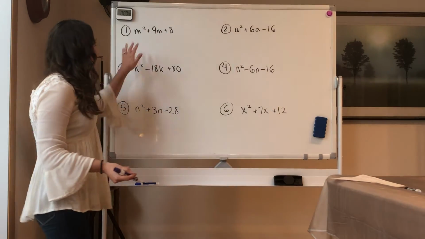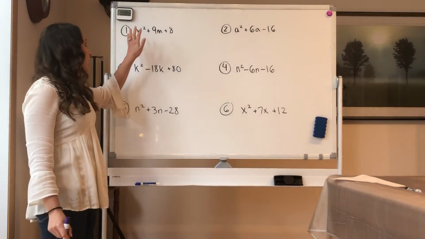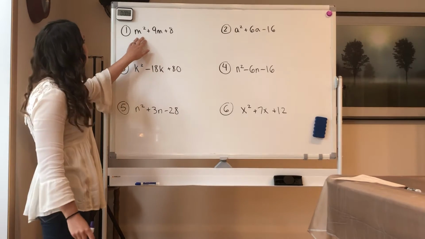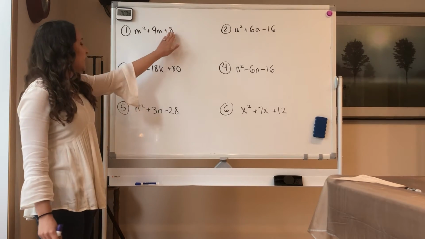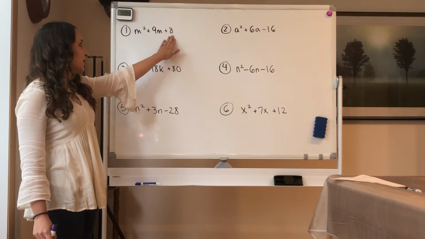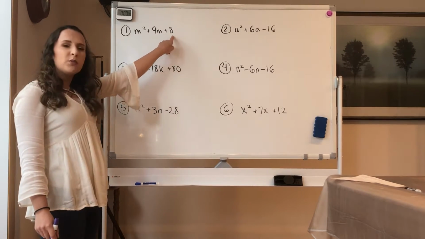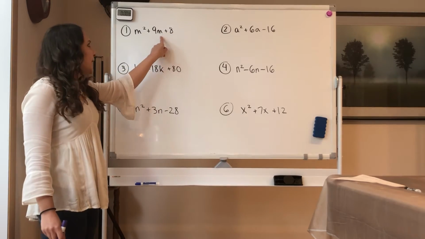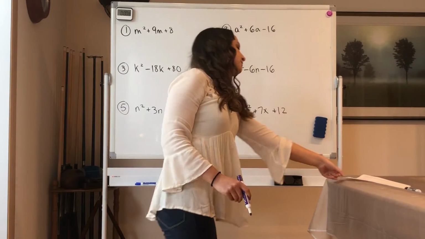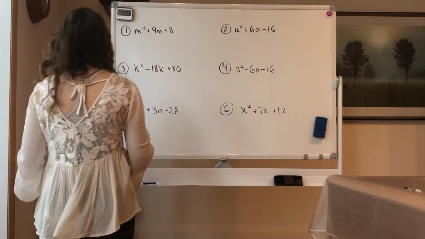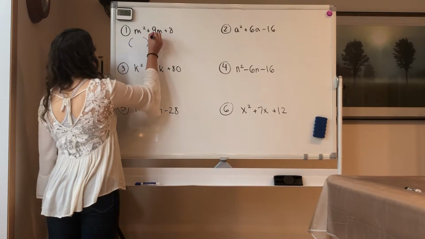So when we factor a quadratic trinomial, what we need to do is look at our constant term. In this first one, the constant term is 8. So we need to think, what two numbers multiply to 8 but add to 9? Okay, so we make two sets of parentheses.